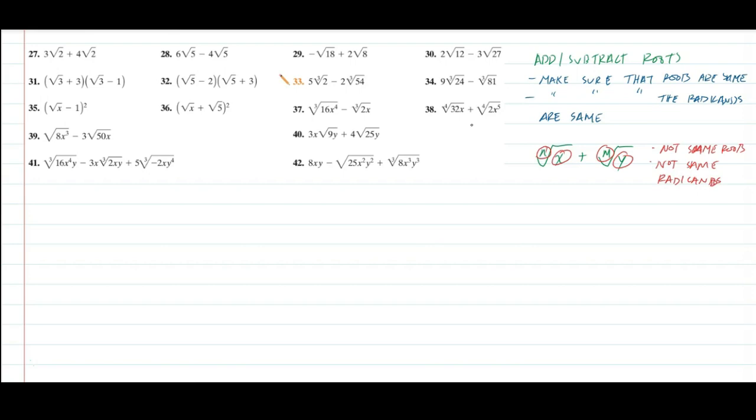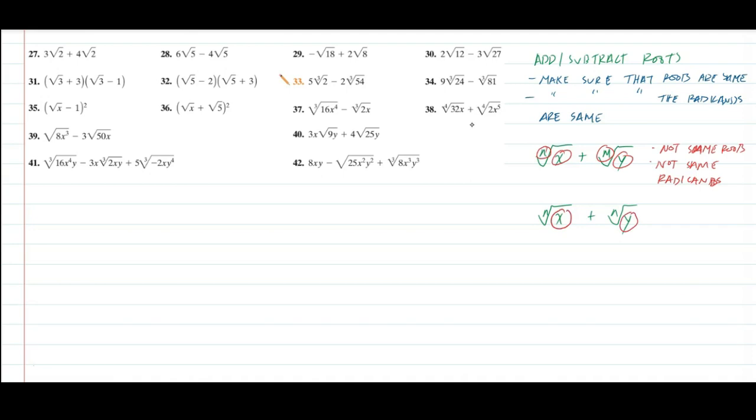Okay, now let me give you another scenario. Let's suppose that you had the nth root of x, and you had the nth root of y. Now can you add or subtract them? No, you cannot. What's the problem now? The problem is the radicands are not the same.